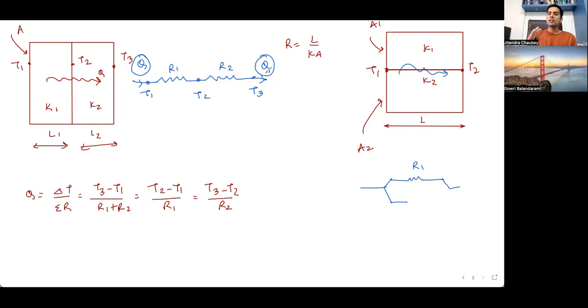Only then the steady state can be achieved. Like if 10 kilojoule is entering and 9 kilojoule is leaving, what does it mean? Non-steady state. In that case, 1 kilojoule will every time get deposited or absorbed by this resistance, which is impossible for any object to do.